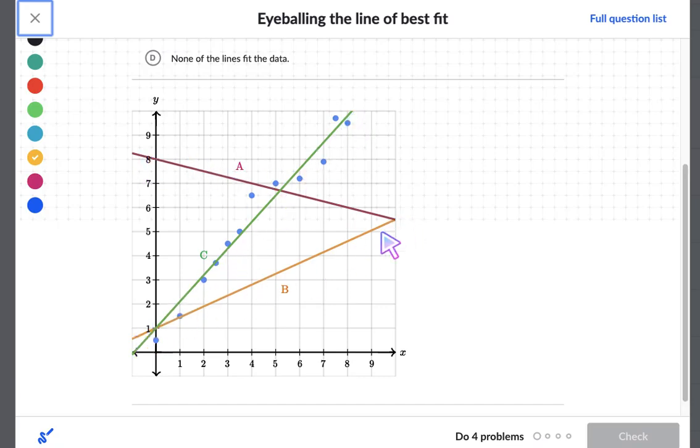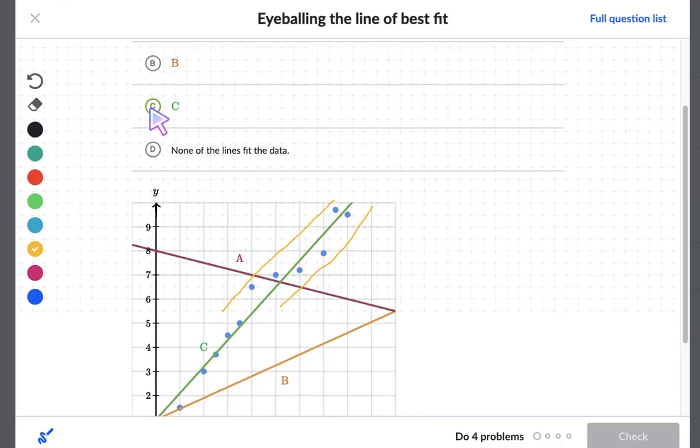B is not even touching most of the points. It's too low there. So C is definitely the best one. Remember, one of the options is none of the lines. So we still got to check and make sure it's going through that general trend. So if I were to draw a line through and make myself a little tunnel, it should be pretty much even on both sides. So you should have picked that C is the best.